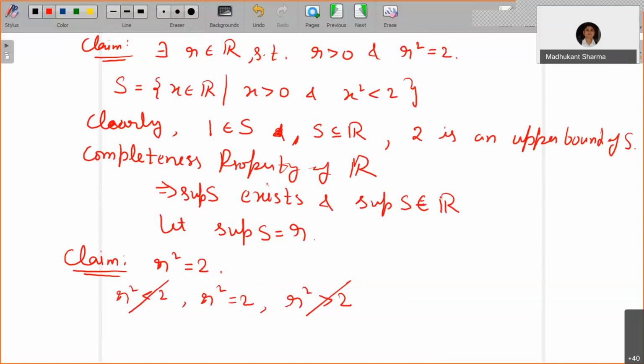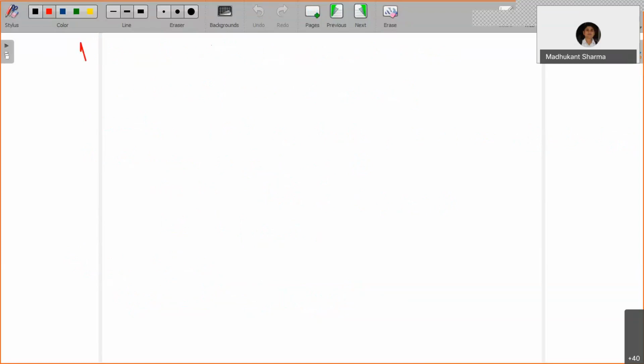Now let r square be less than 2. Now what we want to show is a contradiction. r is inside S, right?